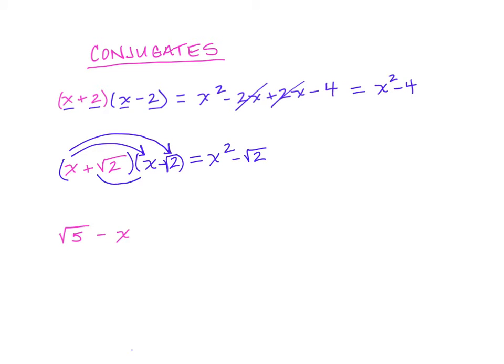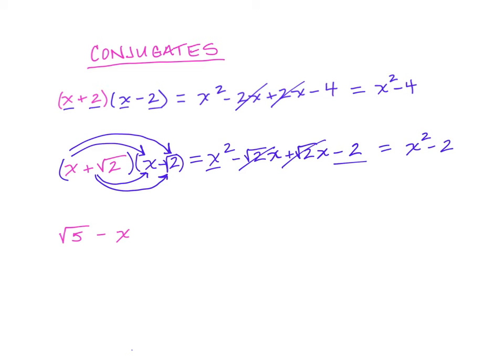Then I'm going to go back and do the second term, which is the positive square root of 2 times x, which will give me plus radical 2 times x. And then the last term, radical 2 times negative radical 2, is going to give me minus 2. Remember, those square root signs cancel out. And now the two middle terms also cancel out because they have opposite signs. So now what you have is x squared minus 2, and that is your final answer.